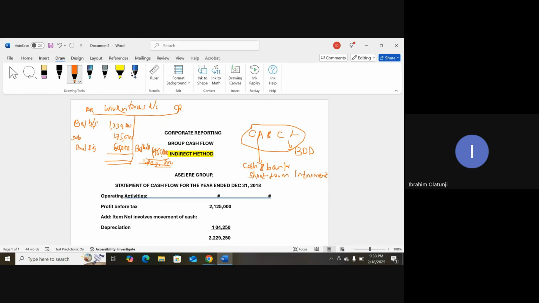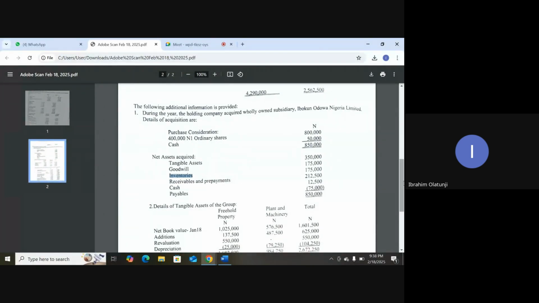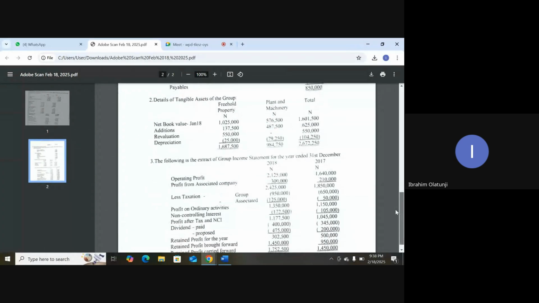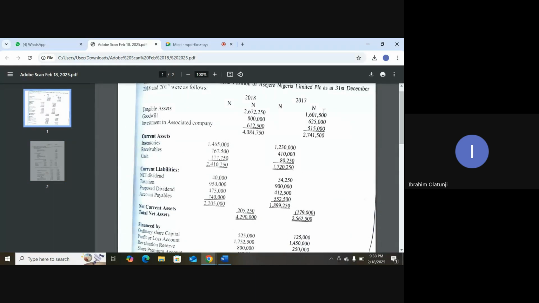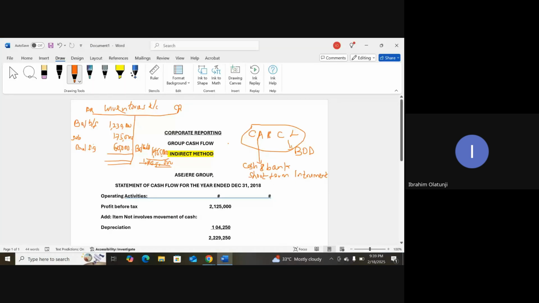So let me now interpret this. When you check your credit side from here, let me interpret it for us to get it clearly. Where is that inventory? Current asset. Your credit side, which is the closing balance, 1,465,000, then the opening balance. It means that opening balance is lower than closing balance, right?